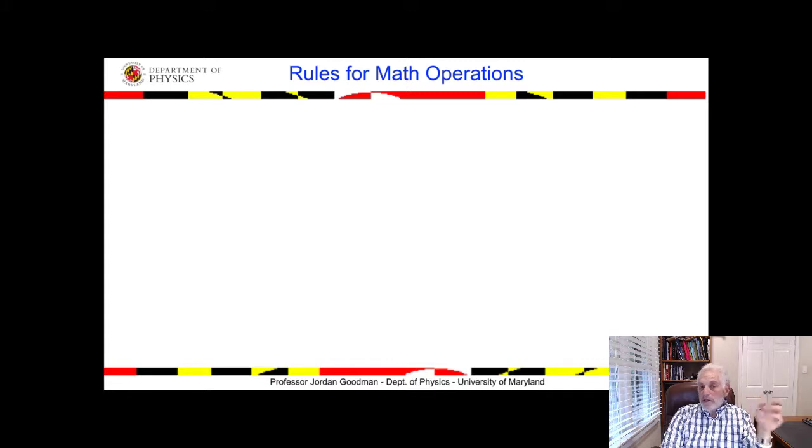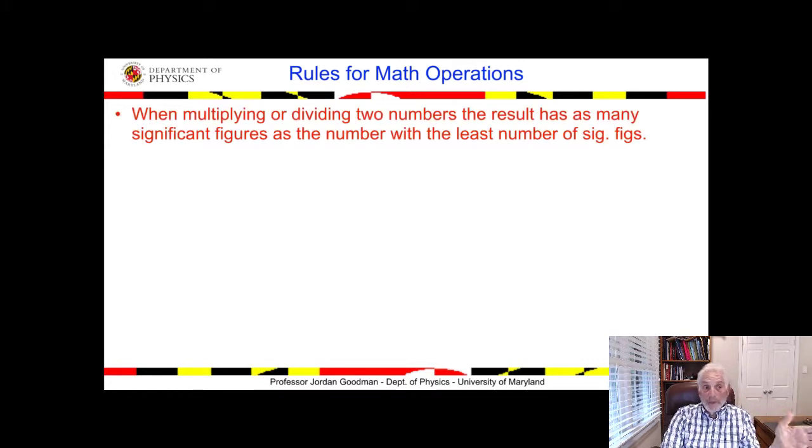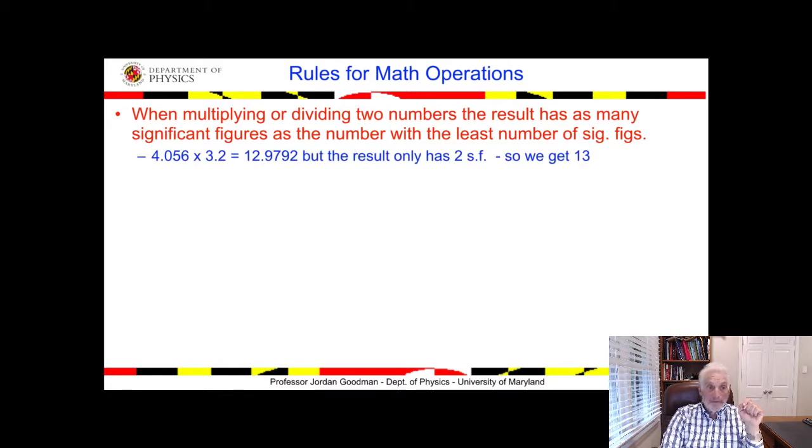Okay, so let's go back to our rules for math operations. We already talked about this one. Multiplying or dividing two numbers, the result has as many significant figures as the number with the least number of significant figures. This was the example we did before, where we multiplied these two numbers together and got something out of our calculator that had lots of digits in it. But since the 3.2 only has two significant figures, we had to round our result to two significant figures, and we got 13.